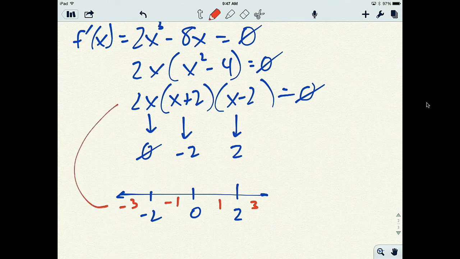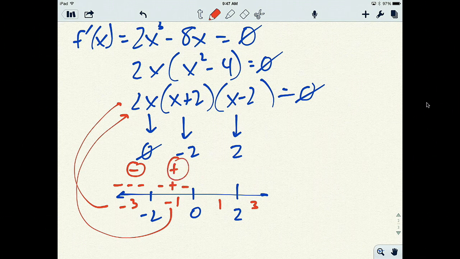If I take -3 and plug it in here, I get a negative, a negative, and a negative. This whole segment is negative, because a negative times a negative times a negative is a negative. If I plug -1 in here, I get a negative, a positive, and a negative. That means this whole segment is positive.